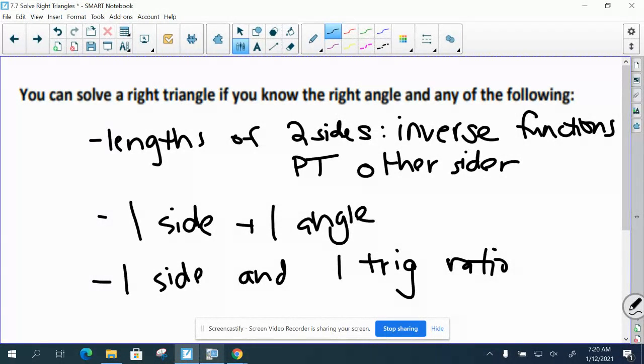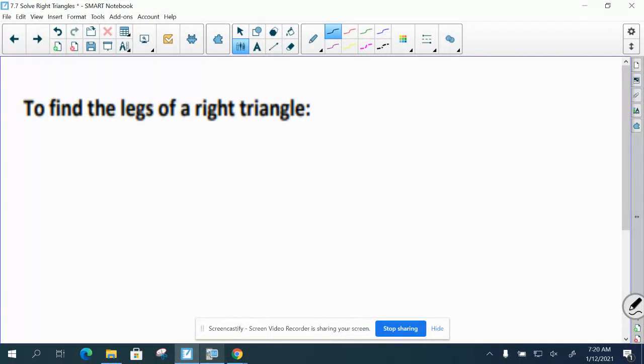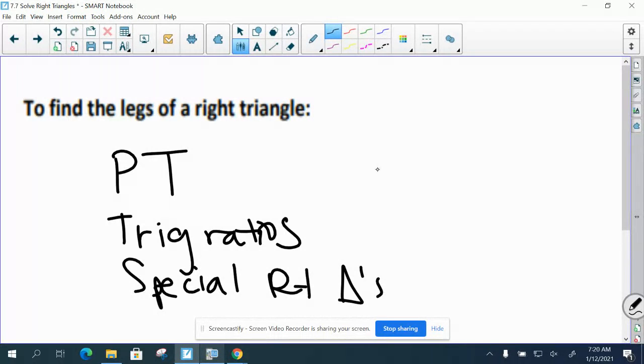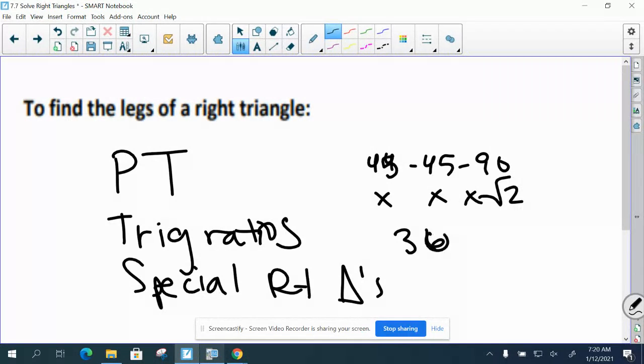All right, so methods for finding the legs of a right triangle: you can use the Pythagorean Theorem, you can use trig ratios, and you can use special right triangle relationships. So remember your 45-45-90 is x, x, x square root 2, and your 30-60-90 is x, x square root 3, and 2x.